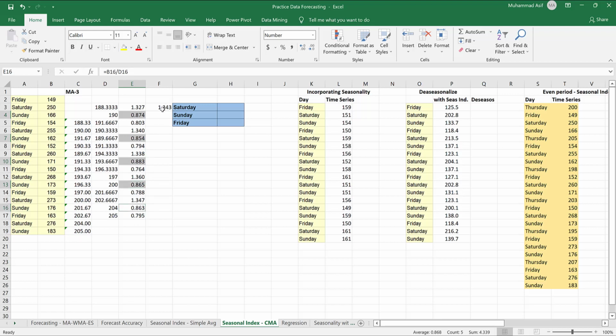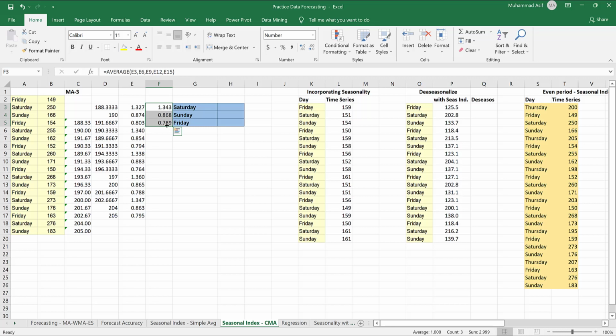And similarly, the last one will be Friday, which means we will be taking averages of only Friday: this one, this one, this Friday, and this Friday, and the last Friday. So we'll be taking the average of only these. Although we can manually do that, or I can just drag it and the same pattern will be transferred there.